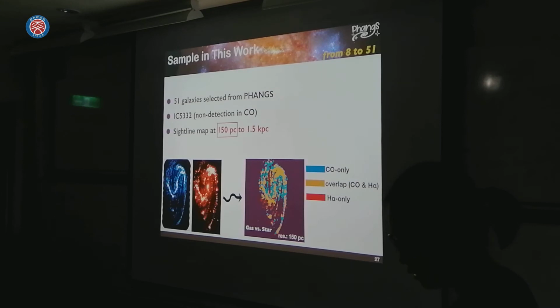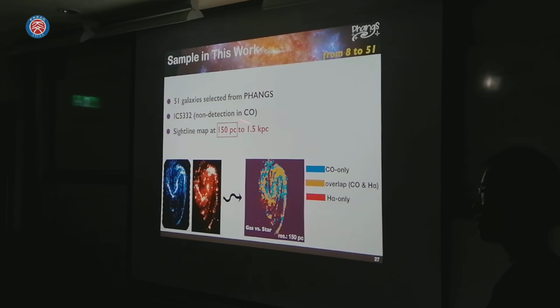And it's interesting that we didn't detect any CO emission in the galaxy IC 5332, even with ALMA. It's a nearby spiral galaxy. So we include this galaxy in our analysis because it represents the molecular gas poor population.